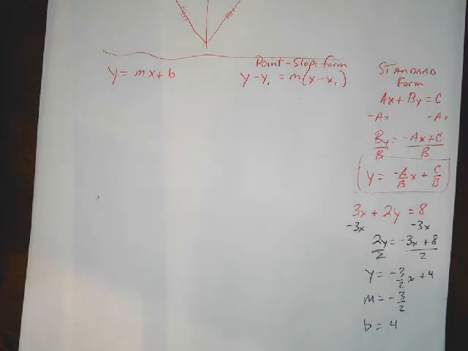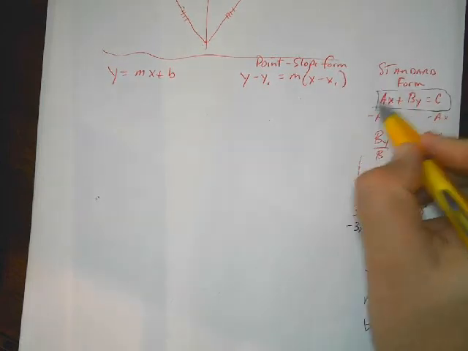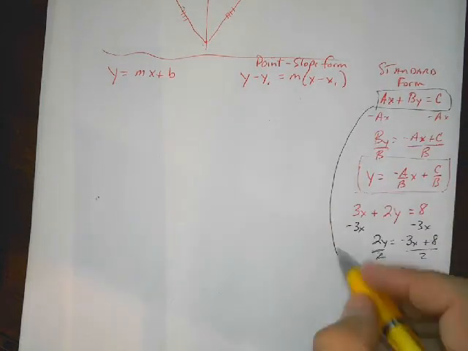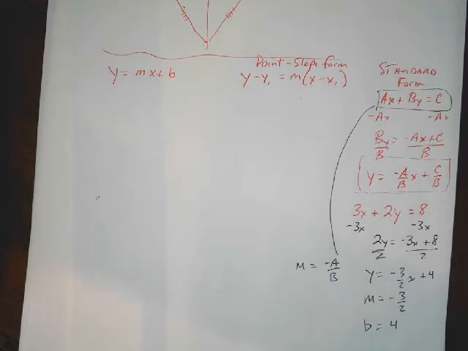Okay, so some people realize that you could do a shortcut, and when it's in standard form, you can find that the slope is negative a over b. That makes sense? And that the c value, which was this right here, in order to find the y-intercept, well, let's call that b value.